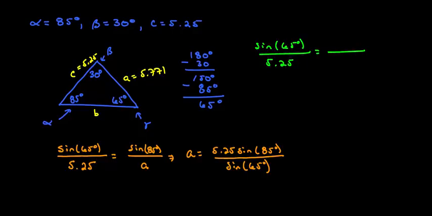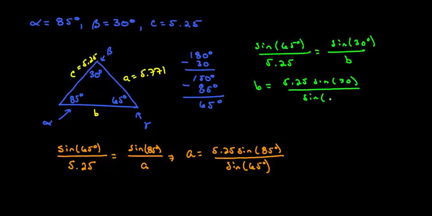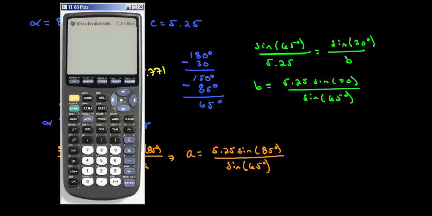So that's going to be equal to the sine of 30 degrees over B. So when we solve, we get B is equal to 5.25 times the sine of 30 divided by the sine of 65. If you need to do this in a couple steps, by all means do it that way.